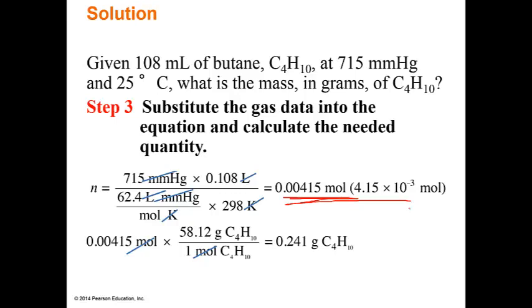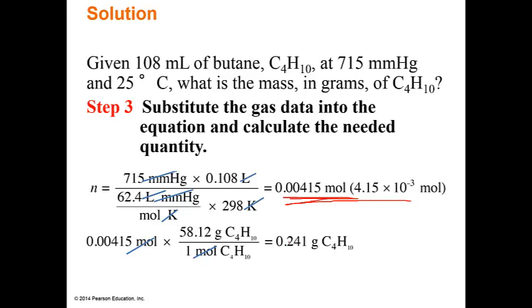Well, we've got to go back to our periodic table, right? So we find the mass of carbon, which is approximately 12, which would give us 48. And then the mass of hydrogen, which is approximately 1, so 48 plus 10 gives us 58, or 58.12.